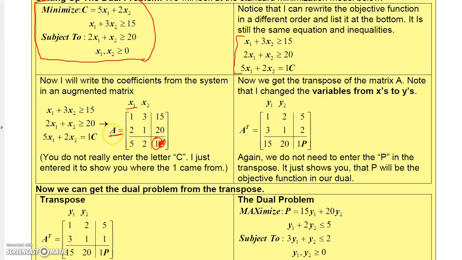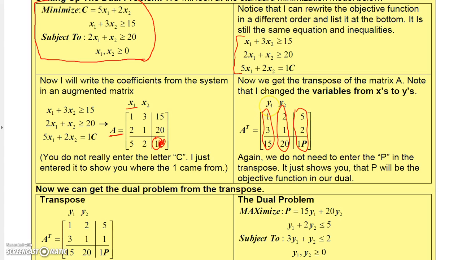Now I'm going to transpose this. When I transpose this, the row 1, 3, 15 becomes this column, the row 2, 1, 20 becomes this column, and the row 5, 2, 1 becomes this column. The reason I wrote P here is that when we get the dual problem from this transpose, we have to change all of our variables.